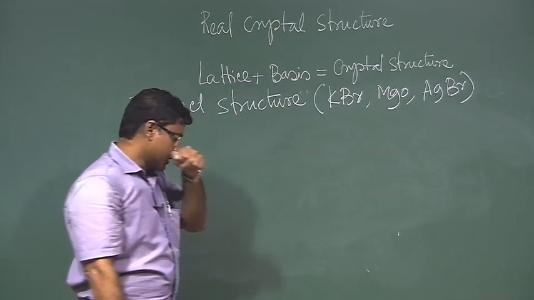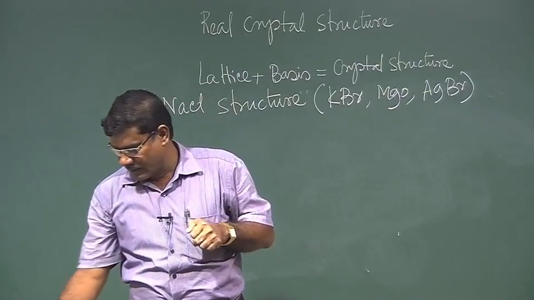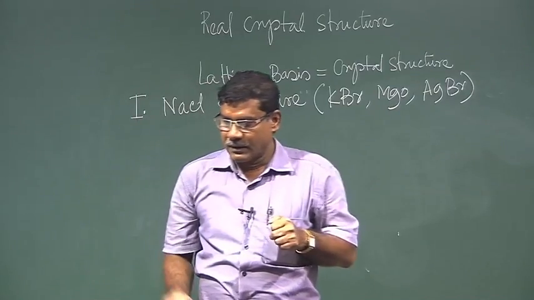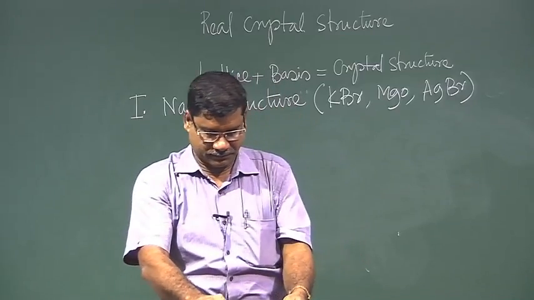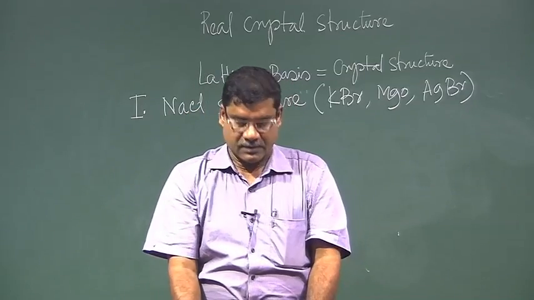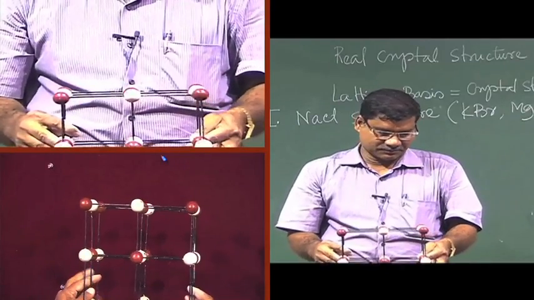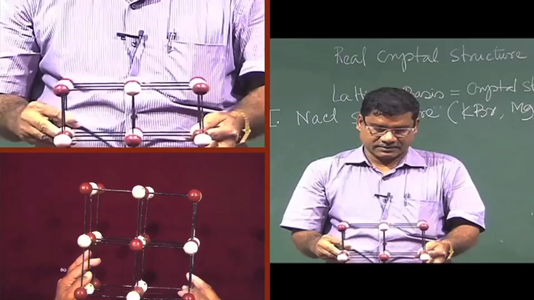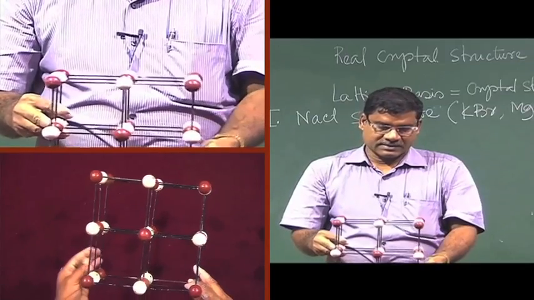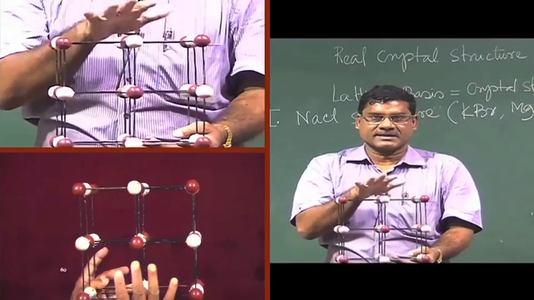So, I can draw it, but I can show it in a model. This is the sodium chloride structure. Here you can see that this is the cubic structure, FCC structure, FCC lattice.